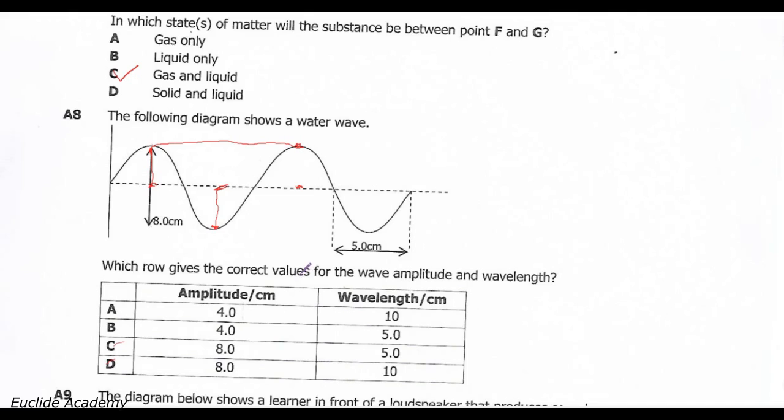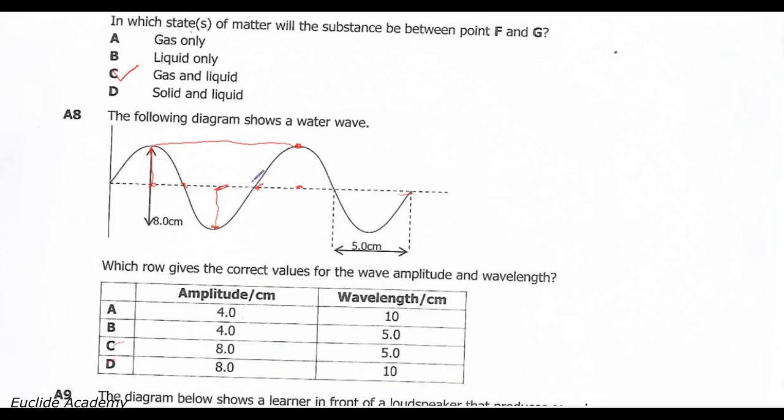So which is the wavelength? The wavelength, we've said, is the distance between two successive crests, this and that is the distance. So if you look at this distance from here to there, it's the same, and here to right here.